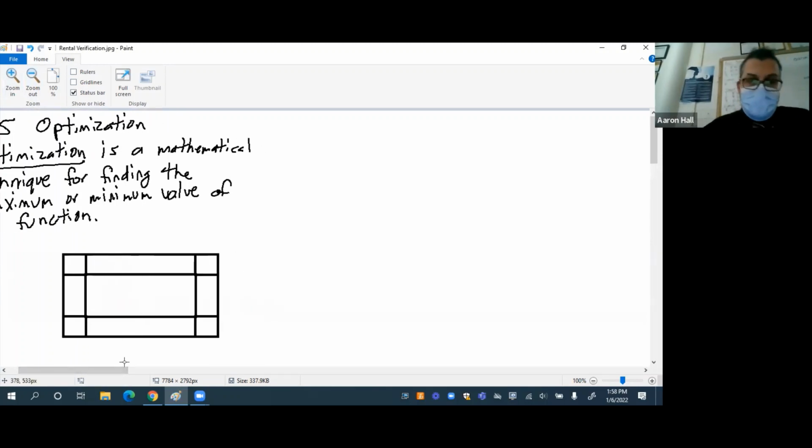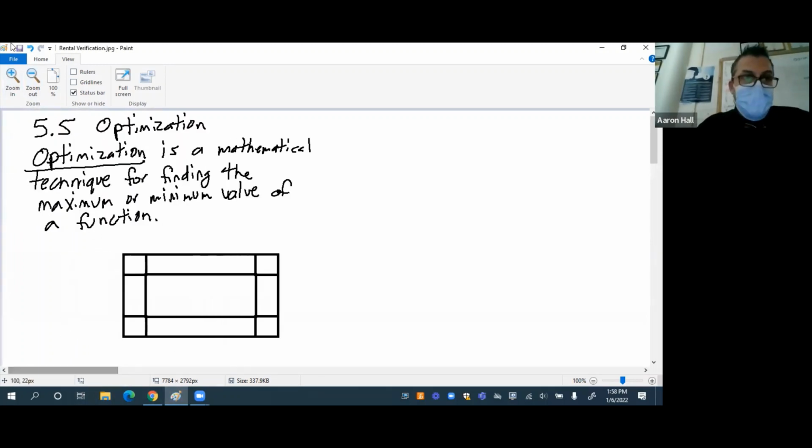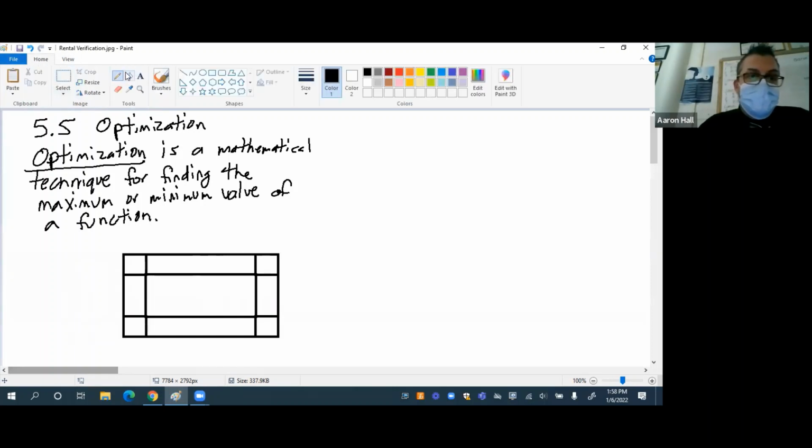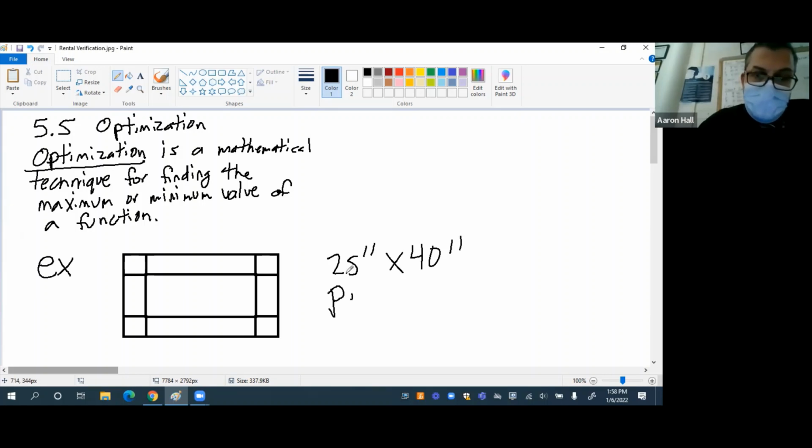This is my example. It is a cardboard sheet that measures 25 inches by 40 inches. This is a piece of cardboard.